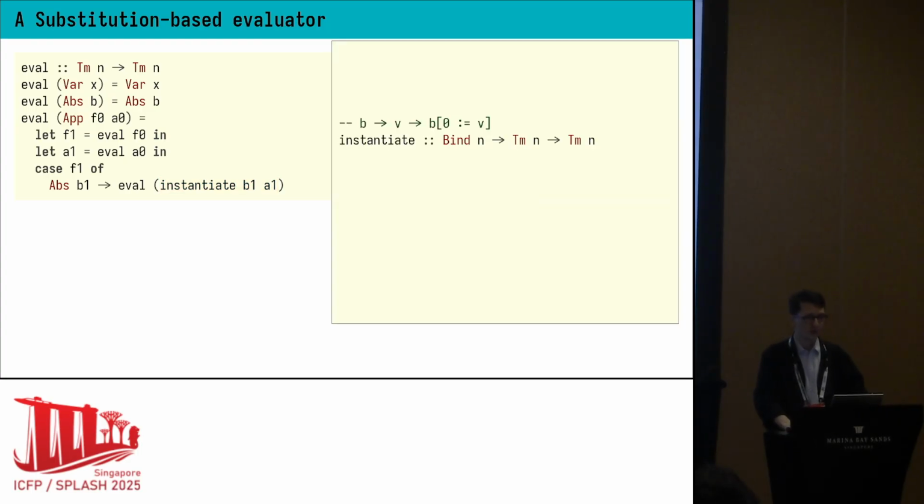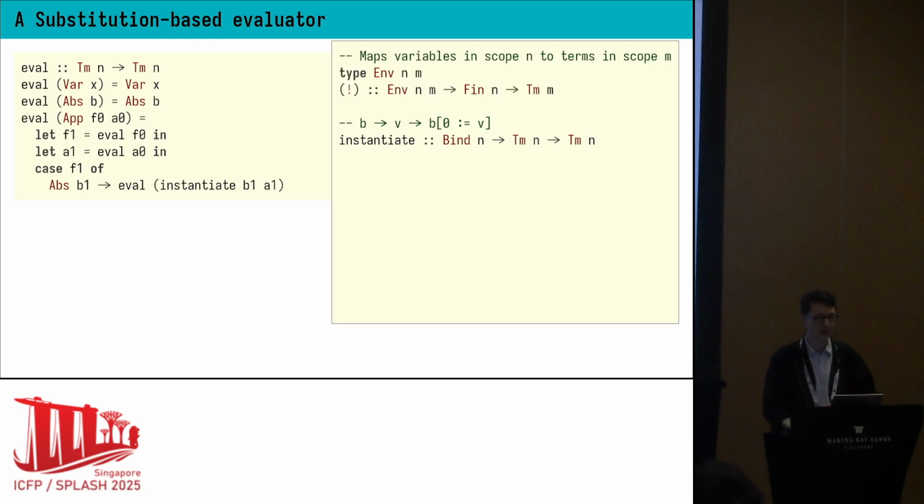There are multiple ways to do that. We're going to use one device known as parallel substitutions, which take every variable in the scope and replace it by a term in another scope. So these parallel substitutions are going to be represented using this env type, which is suspiciously similar to the environment from our first implementation. And with this device, how can we implement instantiate?